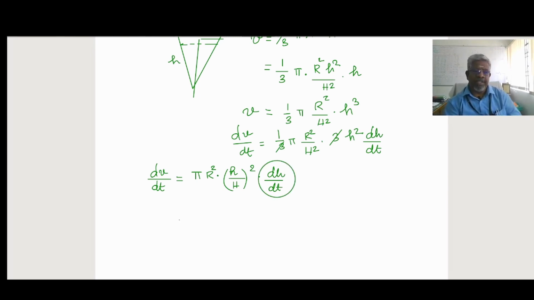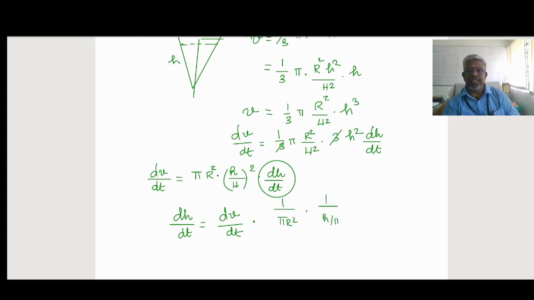Okay, so dh by dt is equal to dV by dt divided by 1 by pi r square into 1 by x square.